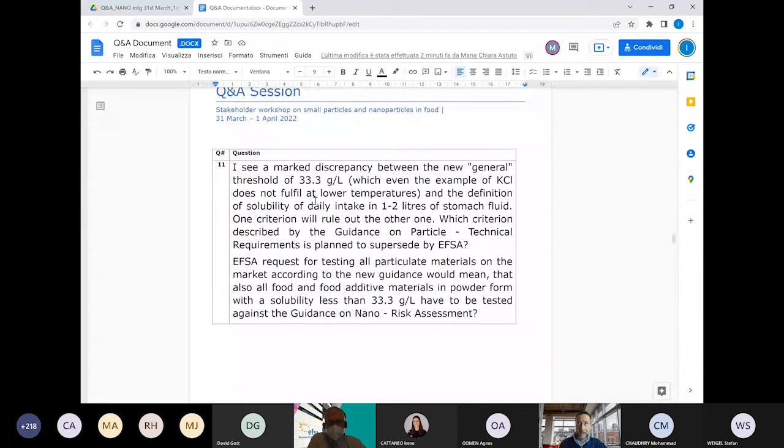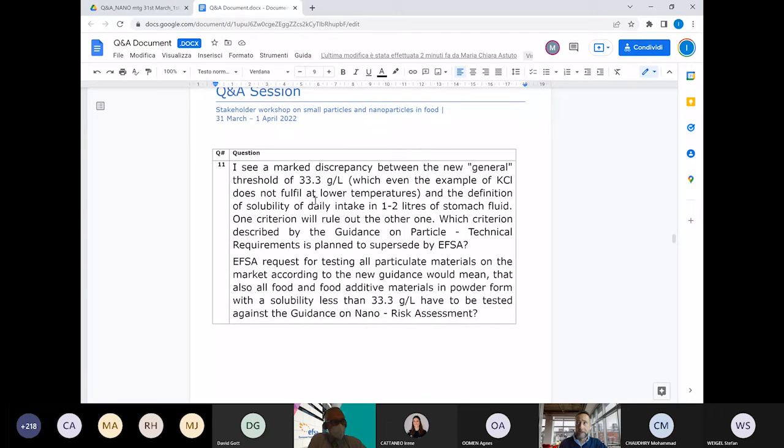So it is an option of the applicant to either jump to the second test and directly test the material according to this one. So it is really a matter of the type of material and how a test can be implemented.